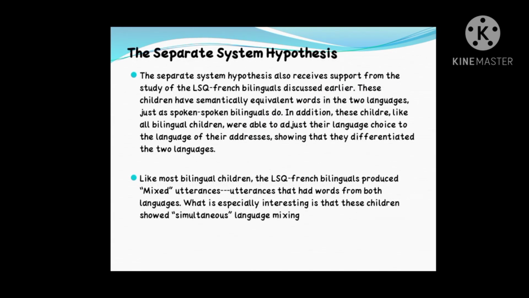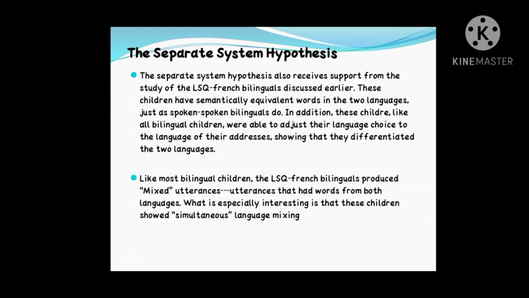The separate system hypothesis also receives support from the study of LSQ-French bilinguals discussed earlier. These children have semantically equivalent words in the two languages, just as spoken bilinguals do.